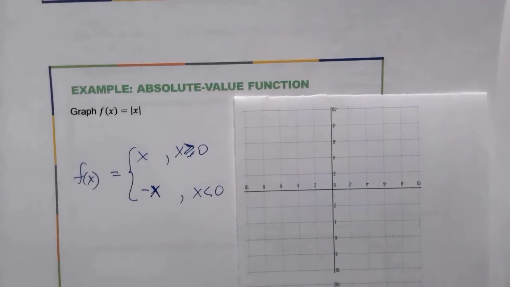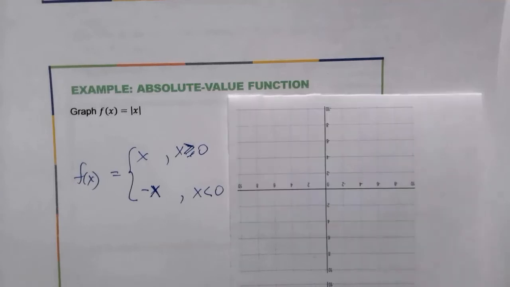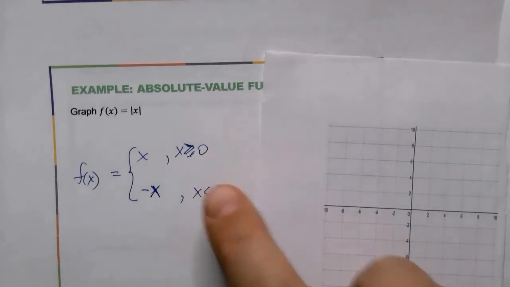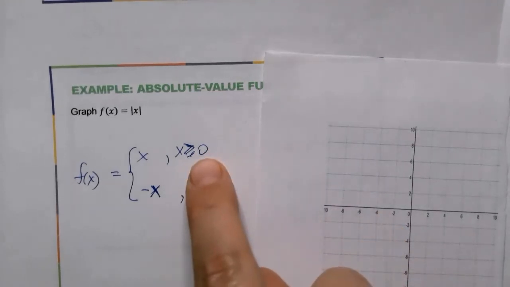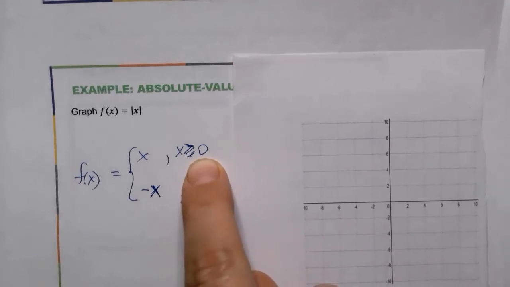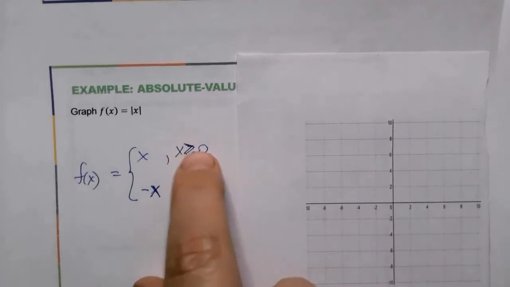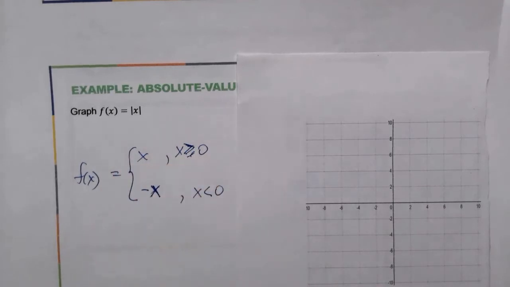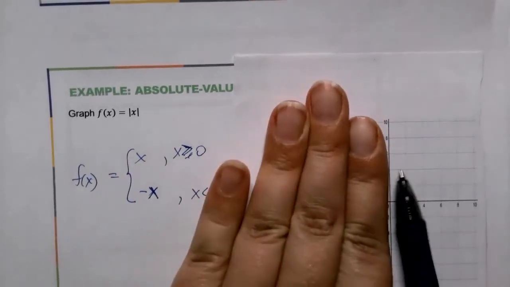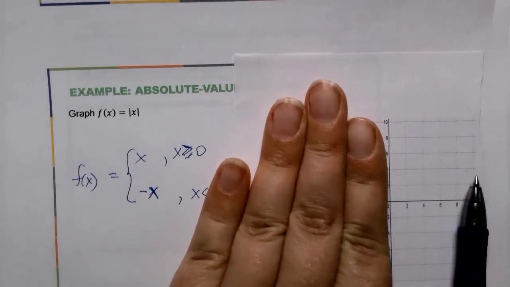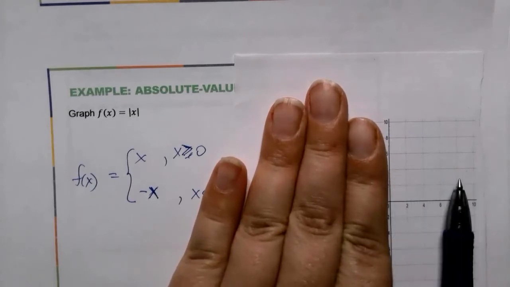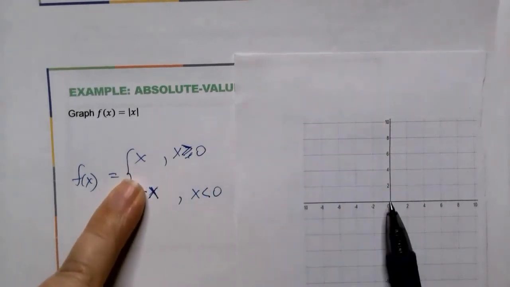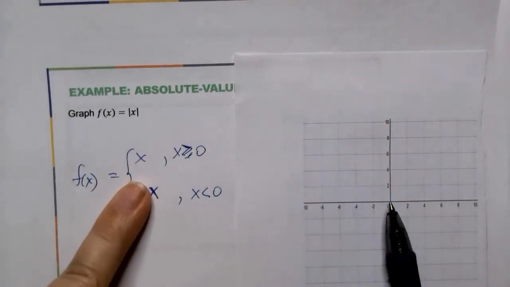Basically, our domain is divided into two pieces: x is less than 0 and x is greater than or equal to 0. Let's start with this piece right here, the right side of the x-axis after 0. This is called an identity function, y equals x.